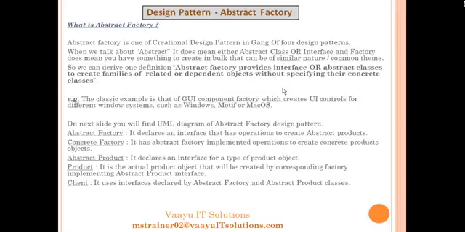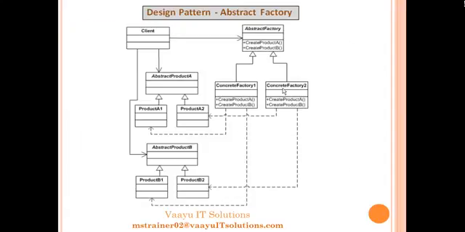It declares an interface for a type of product object, and this abstract product will be inherited by the product class. The product is an actual product object that will be created by the corresponding factory, implementing the abstract product interface. So product A1 and product A2 will be created by the concrete factory classes. Similarly, product B1 and product B2 will be created by the concrete factory classes.